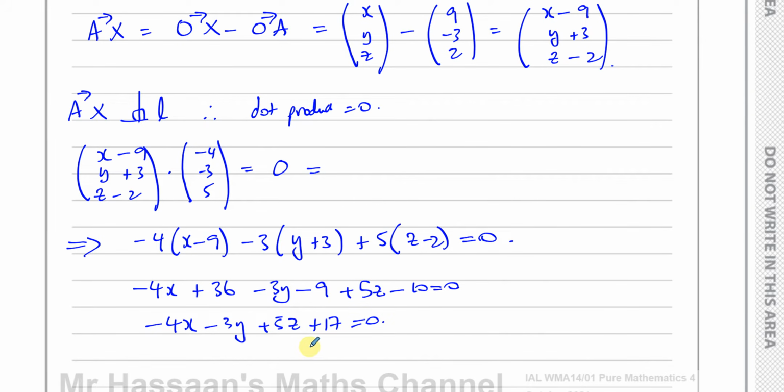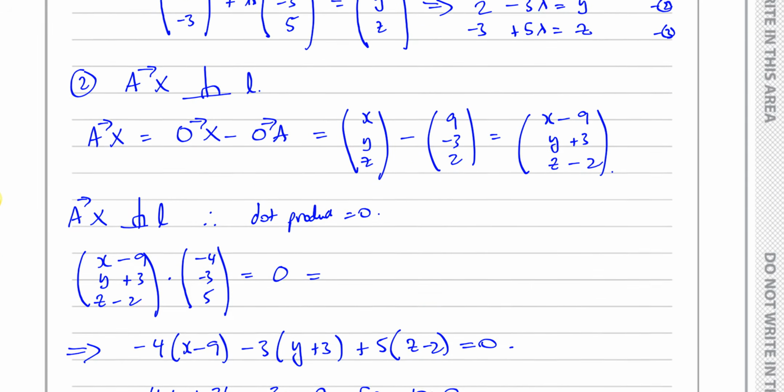Okay, so if you want, we can say that that means 4x plus 3y minus 5z equals 17. Just make it a bit more neat than that. That's another equation here. So now we have these sets of equations that we can use.